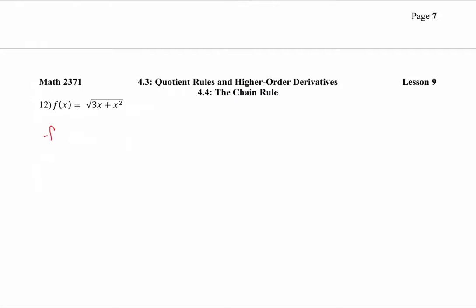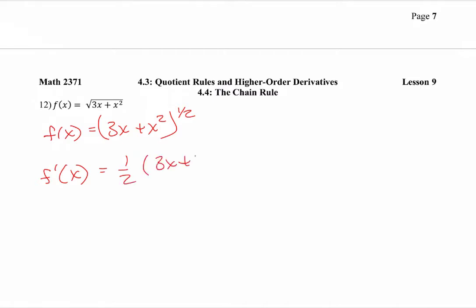So f of x equals (3x plus x squared) to the 1/2. So f prime of x equals 1/2 times (3x plus x squared) to the negative 1/2 times (3 plus 2x). Now, I should rewrite this with the square root because that's how my original is.